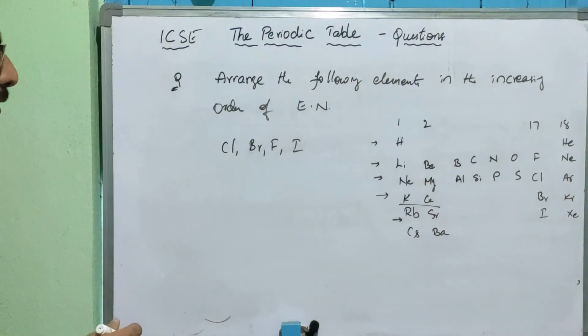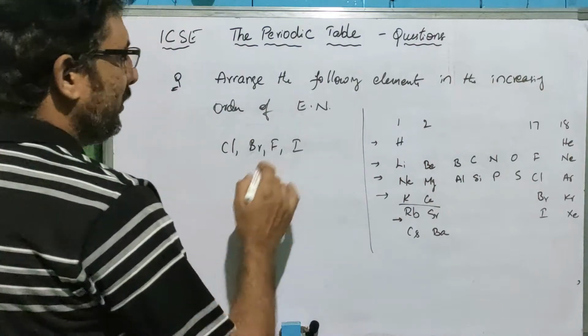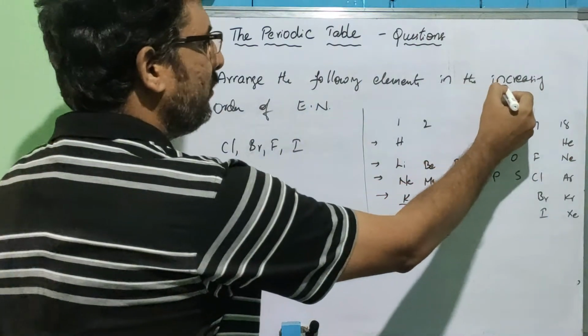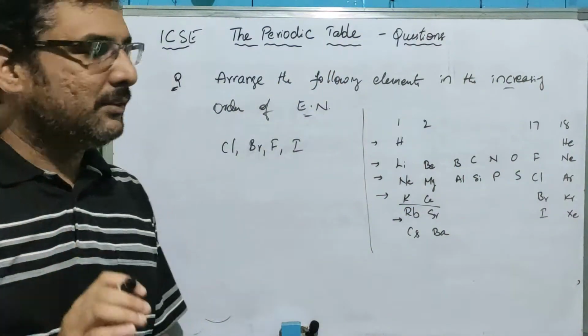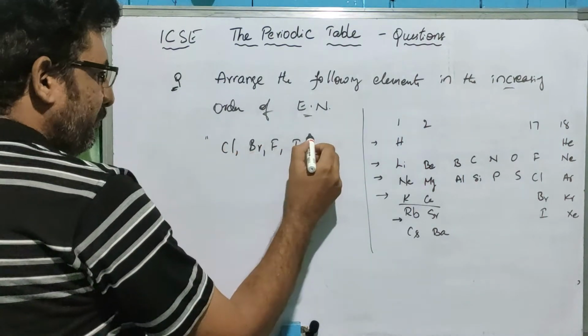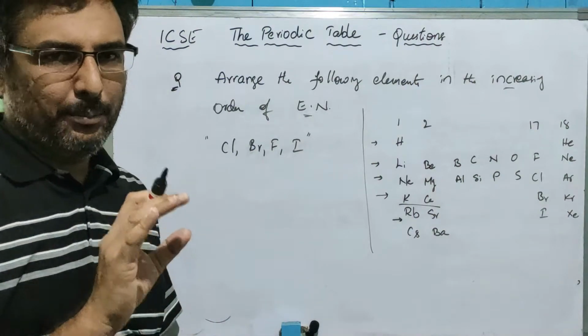Okay, so now what is given here? So in this question you are asked to arrange the following elements in the increasing order of their electronegativities. Okay, so first you have to identify to which group they are belonging.